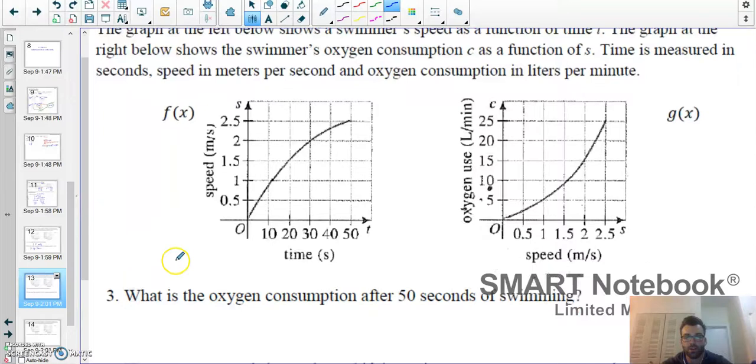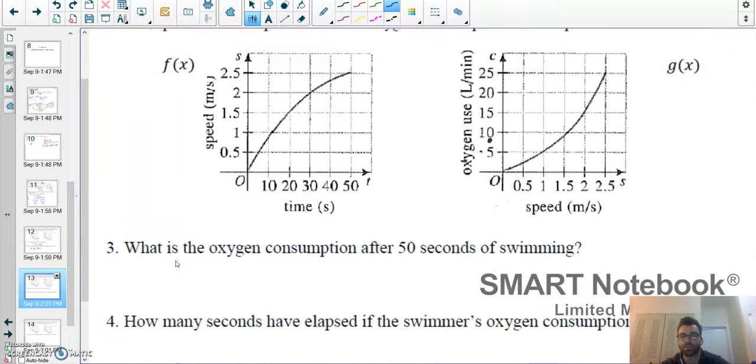Question 3 asks, what is the oxygen consumption after 50 seconds of swimming? If you notice, oxygen consumption is here, but speed tells us our oxygen consumption. We're given 50 seconds, so I'm going to start on the left. I'll go to 50 seconds.